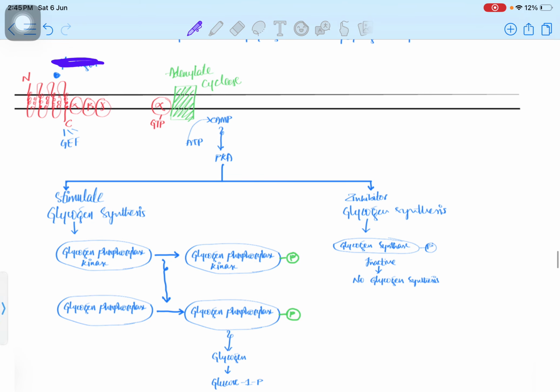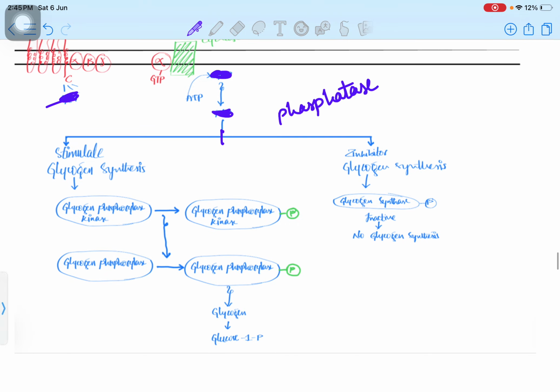But we want to know another thing also. For example, there is no glucagon attached on the GPCR receptor, so there will be no G alpha activation, so cAMP will not form, so PKA is also not formed. In this condition phosphatase will be activated.